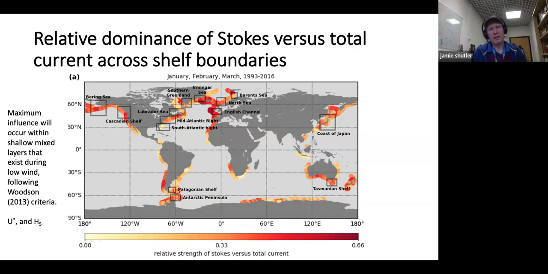The waves have a relatively small impact because the impact reduces exponentially with depth. So they're only really applied when you have low wind conditions and relatively stable seas, and then the wave action can actually come through. But again, it shows that wave action can be important, but it's highly regional and temporally variable.